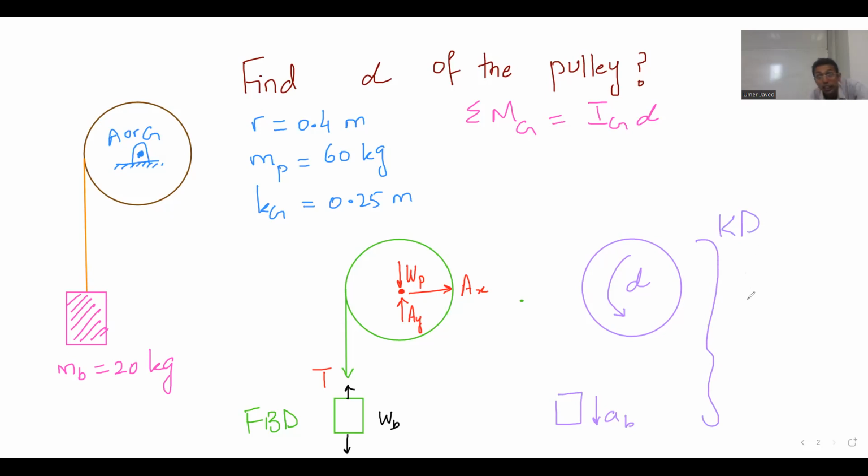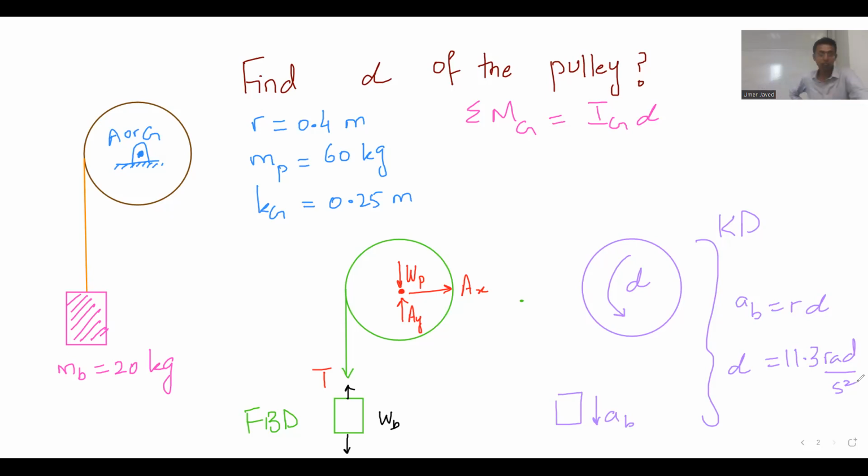So I will say AB equal to R alpha, tangential acceleration, and alpha is equal to 11.3 radian per second. So I found it from here. Hang on, how did I even find it, by the way? Did I give you AB or alpha?